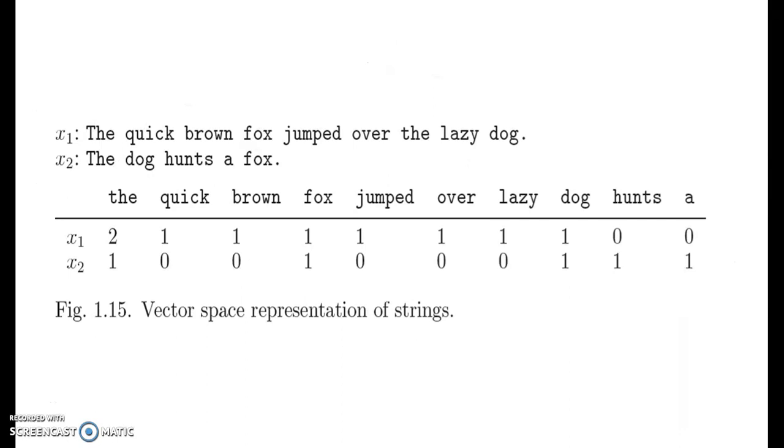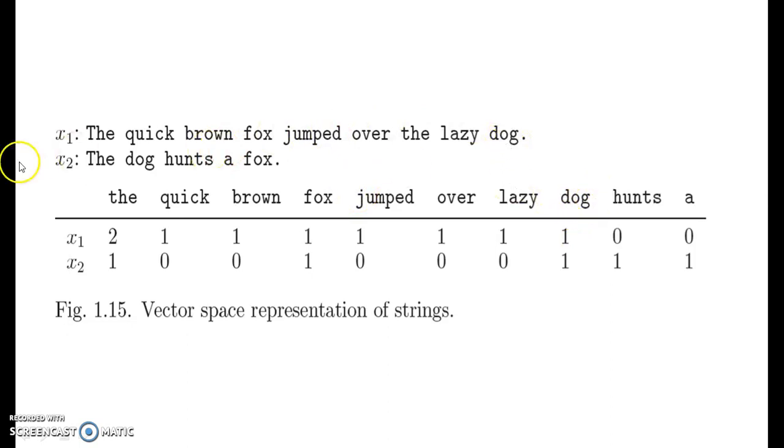Here, if you see, there is a line, the quick brown fox jumped over the lazy dog. There is another statement, the dog hunts a fox. So these are the two things that we have here, and we would arrange this as the quick brown fox jumped over the lazy dog.